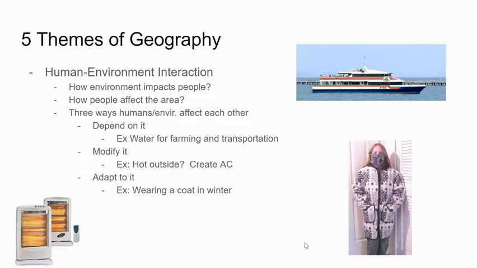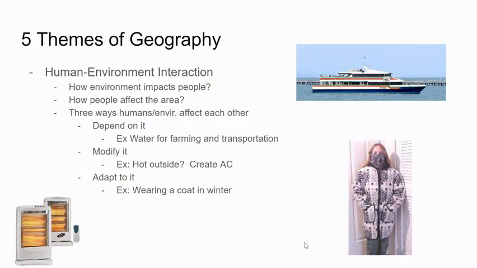We modify the temperature in our house to change what the temperature is otherwise. Modifying also includes creating dams, changing the environment, or creating mines where you modify what the land looks like, to help get certain needs for humans, such as water or such as oil or coal.